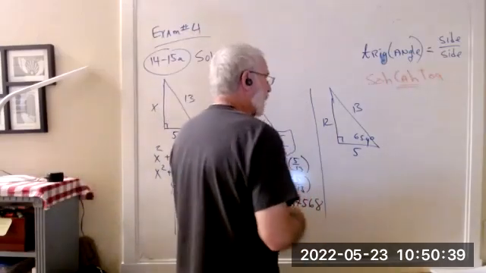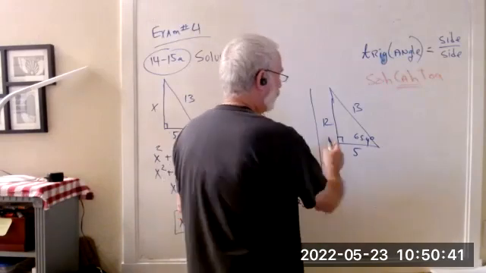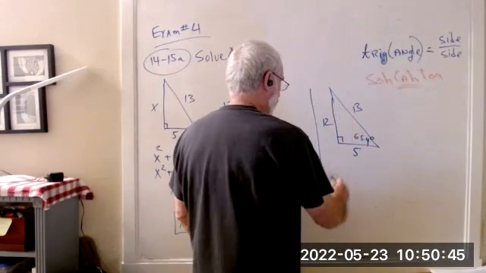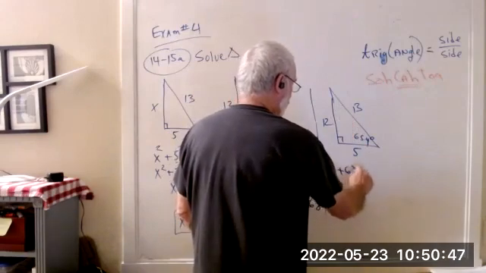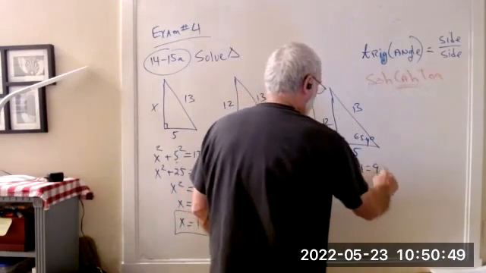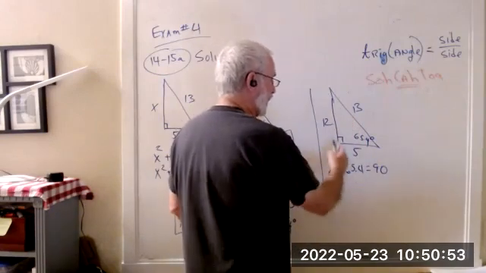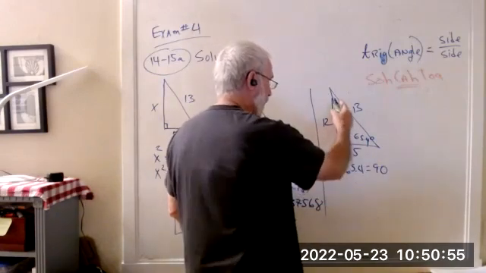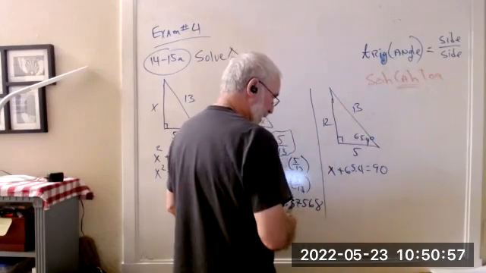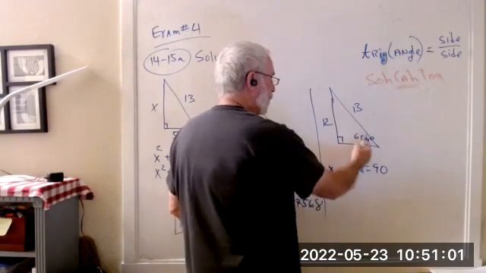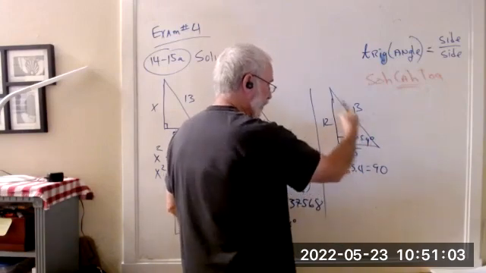Or, you know the three angles. If this is 90, then you also know that the two acute angles, x plus 65.4, have to add up to the other 90, because a triangle always adds up to 180. So a slightly faster way is to say these two acute angles have to be 90.